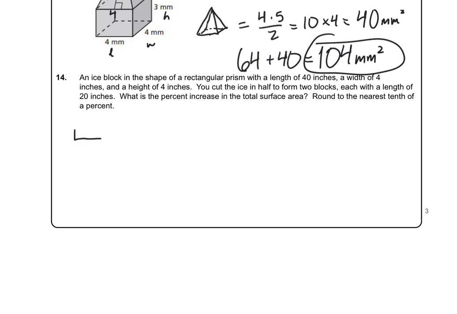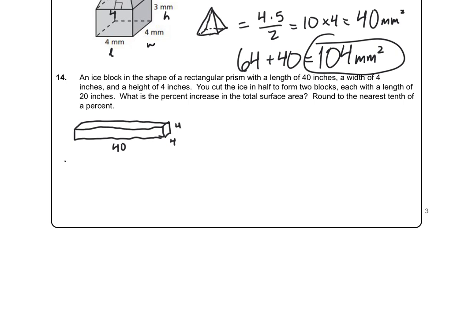So I'm going to start with my first rectangular prism, which is really skinny, but it's really long. It's only got a height of 4. So it'll look something like that, where this has a length of 40, a width of 4, a height of 4.